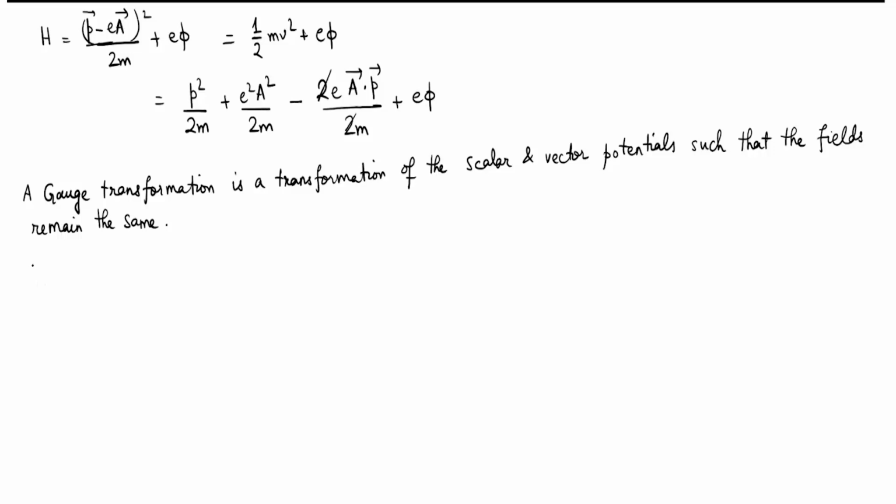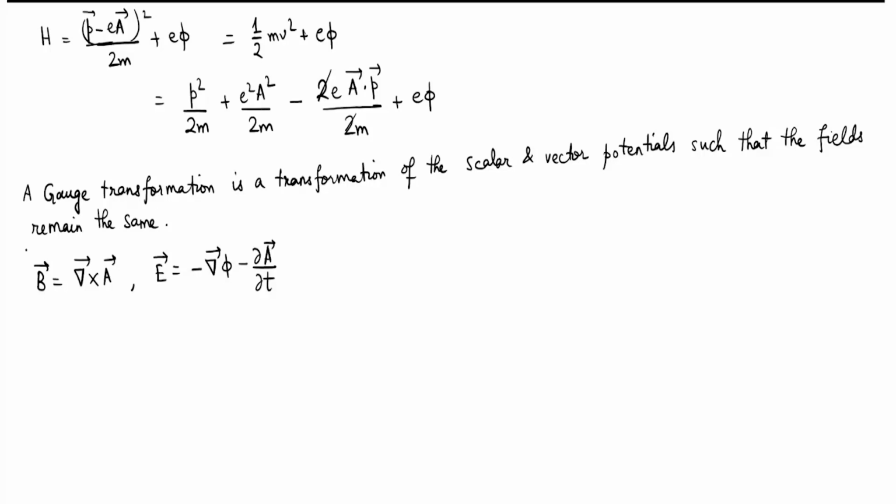So the magnetic field B is curl of A, right? And the electric field E is what? Minus grad phi minus del A del t. Right?